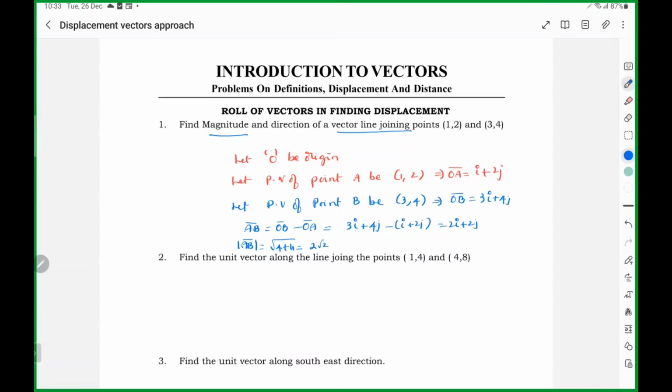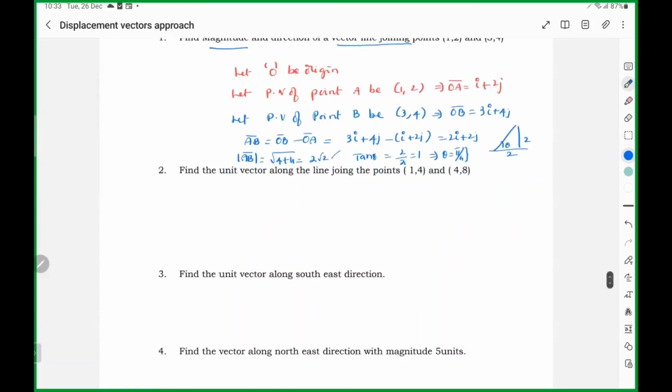Direction concerned: 2 units along the x-axis, 2 units along y. Tan theta is y by x, so theta is pi by 4. This is the direction, and this is the magnitude.